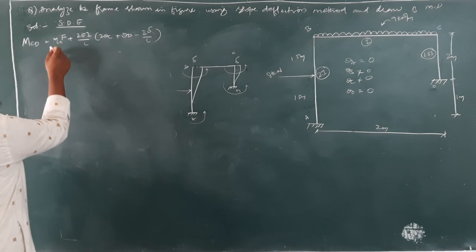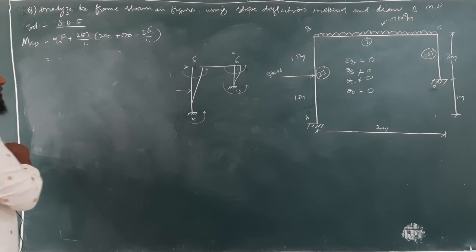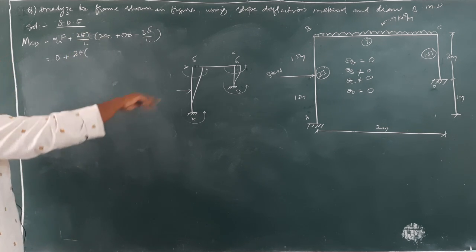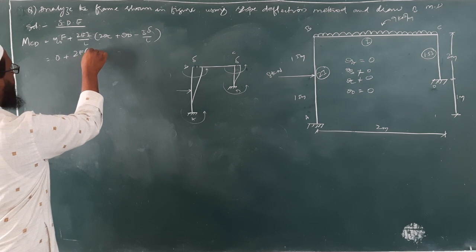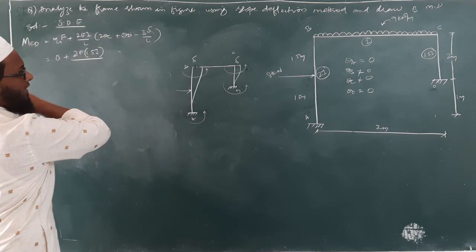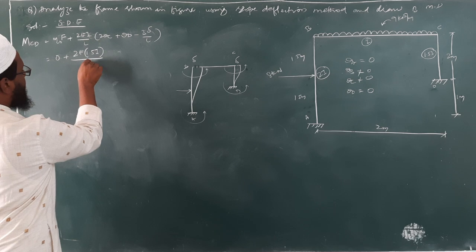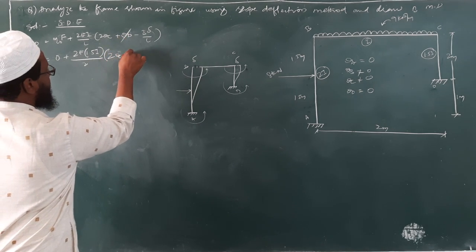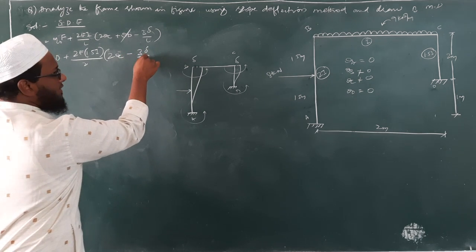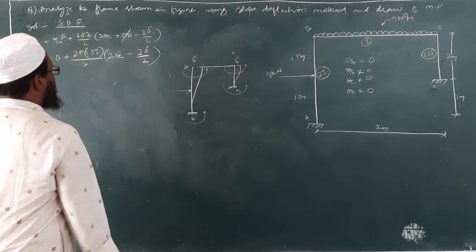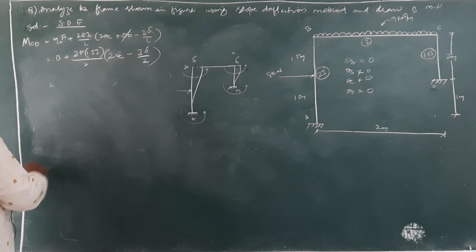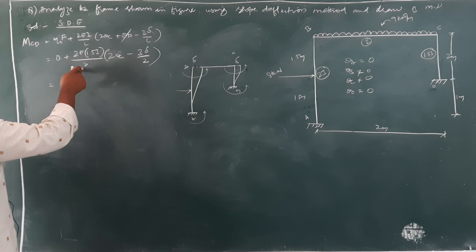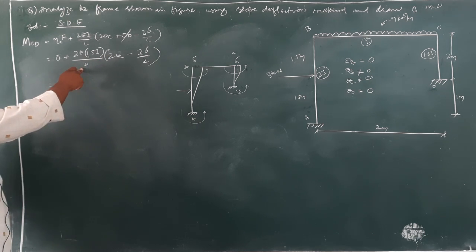Okay. So what is the value of MFCD we have? 0. 0 plus 2E. What is the value of I we have? 1.5 I divided by L is how much? 2 meter. 2 theta D will get 0. So 2 theta C minus 3 delta by 2. Tell me the values. 2 into 1.5, 3. 3 2s are 6, 6 by 2 is 3.